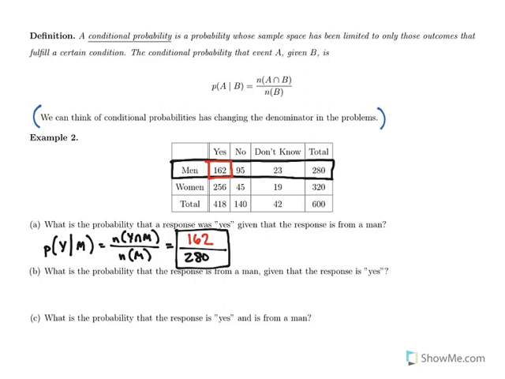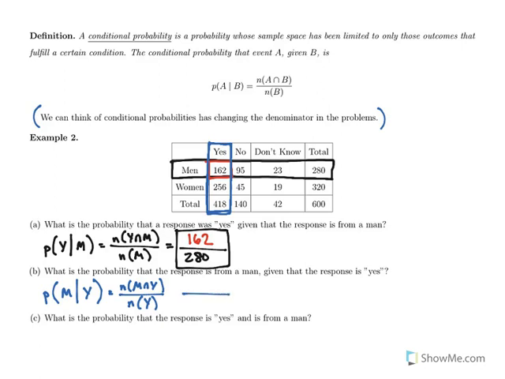So similarly, but different, we can think about what's the probability that the response is from a man given that the response is yes. So that's the opposite direction, m given that y. This is the number of people in the intersection, and that's going to be the same. But now we're looking at just yeses. So here we're looking at this column, and this is like everything we have.